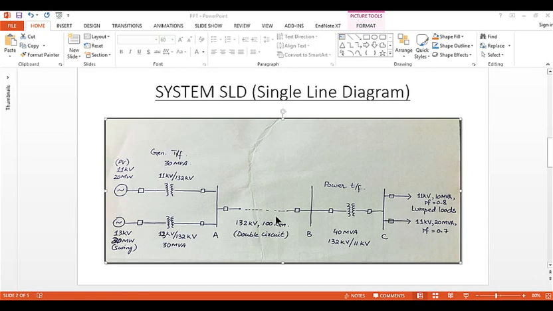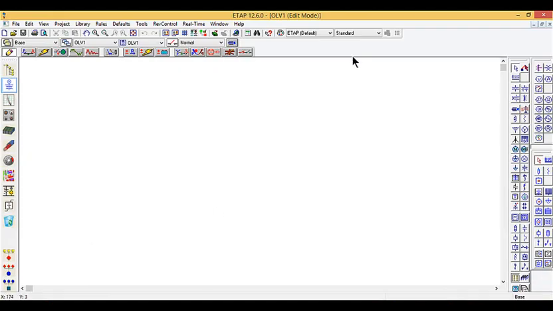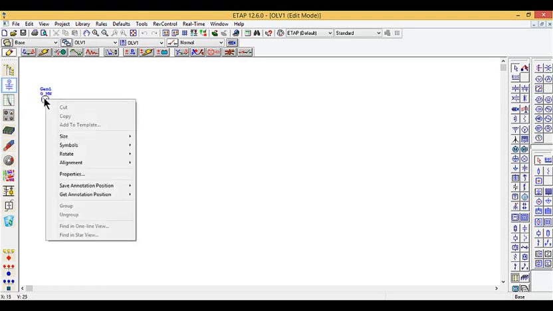Moving on towards the SLD, this is the system that we will be modeling on ETAP. First, it has two generators of 11 kV and 13 kV voltage rating. So let's select synchronous generators. Let's drag and drop these, and since we will be plotting the SLD in horizontal mode, it will be better to have it rotated.